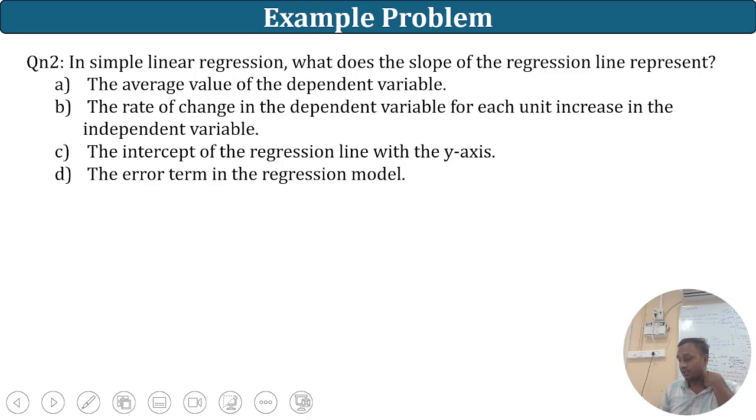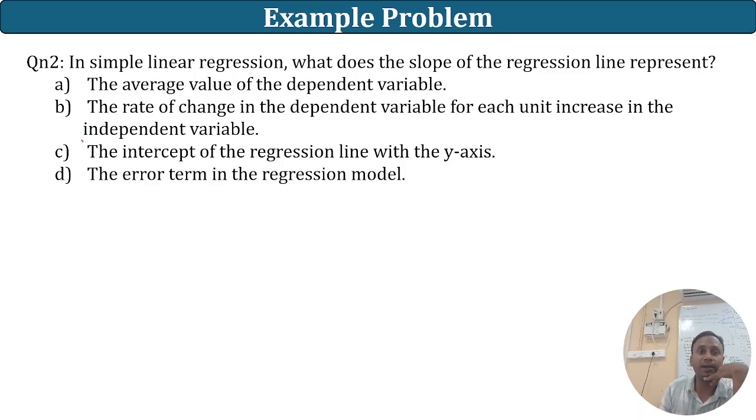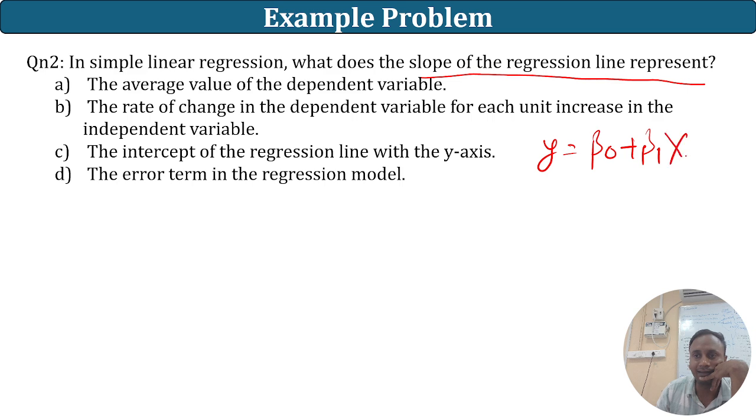Can you just explain this one? In simple linear regression, what does the slope of the regression line represent? Y is equal to beta naught plus beta 1 x. What does it represent? Is B the answer, sir? Average value of the dependent variable.